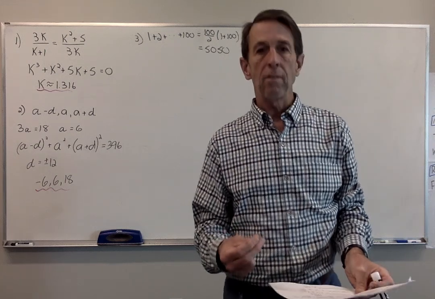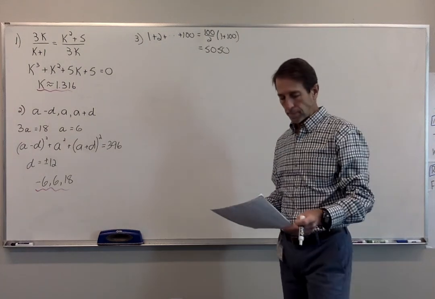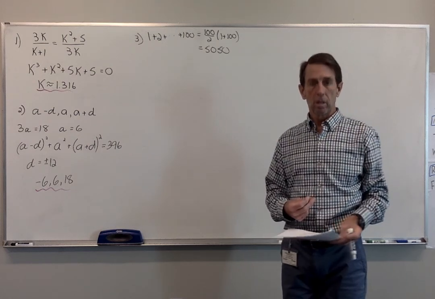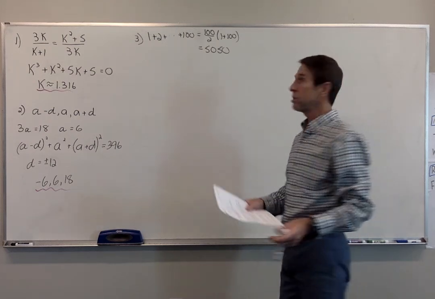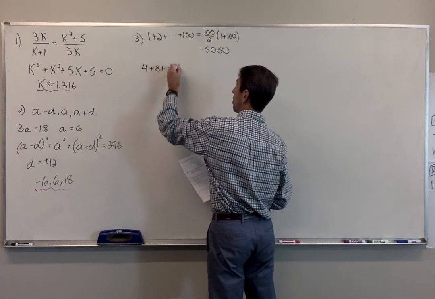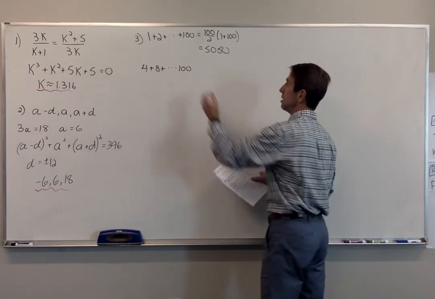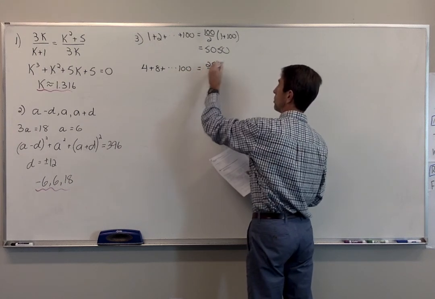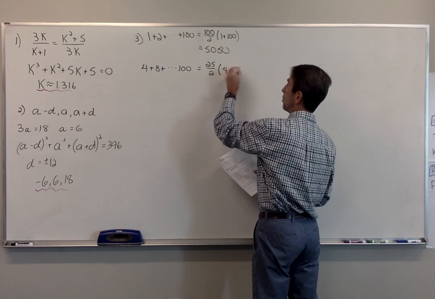Now, the ones that are not divisible by 4, well, I want to go with the ones that are divisible by 4. And that's basically 4 plus 8 plus ... all the way to 100. Well, that's going to be just 25 numbers over 2 and 4 plus 100.